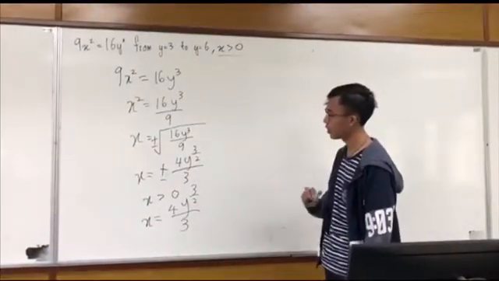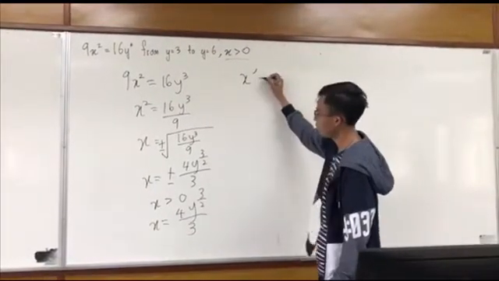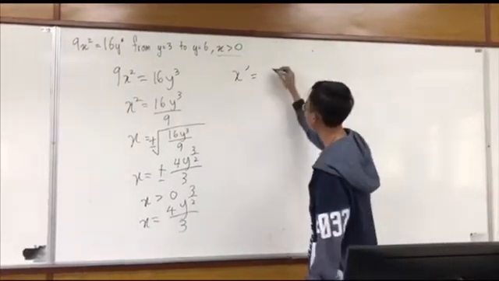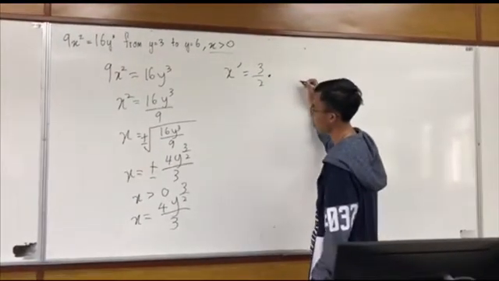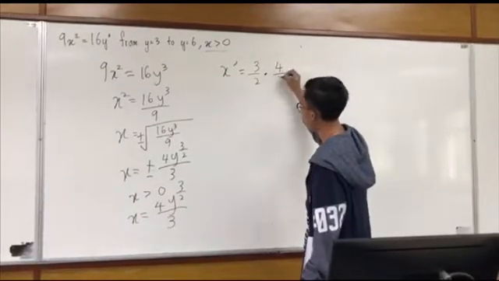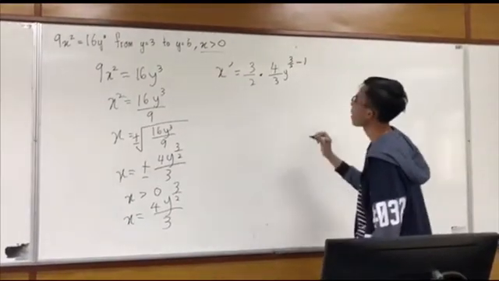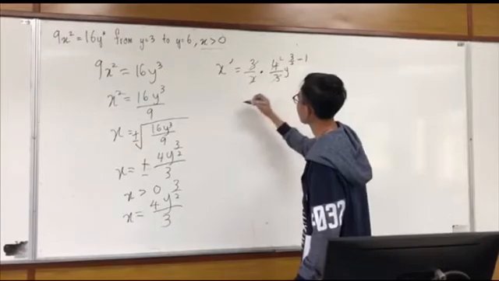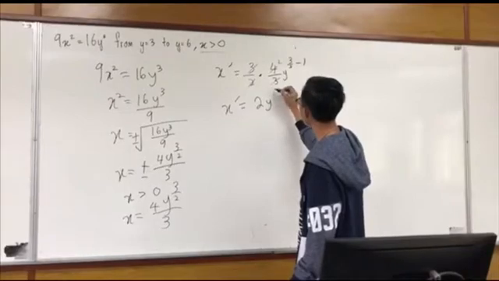We have to differentiate x, and we write it as x prime equal to, we bring 3 over 2 to the front, so 3 over 2 times 4 over 3 y to the power of 3 over 2 minus 1, and after we simplify, x prime is 2y to the power of 1 over 2.